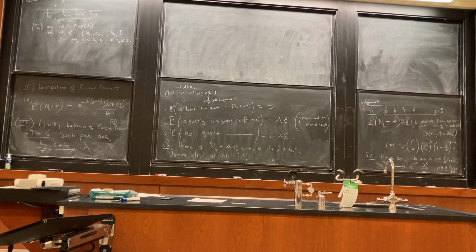On average, how many guests should I expect in 1 unit of time? The number of guests in 1 unit of time, in the long run, will converge to this lambda, which is basically the meaning of the Poisson distribution, because lambda can be thought of as the rate I would expect to have in 1 unit of time.